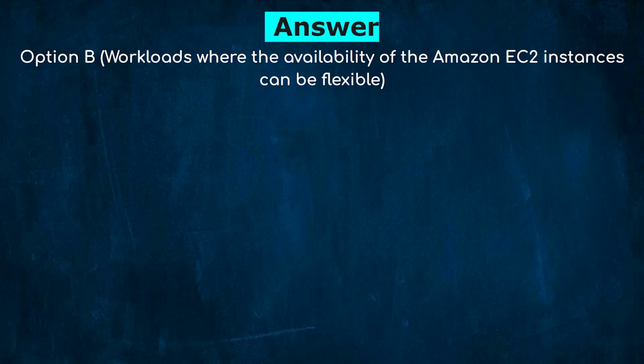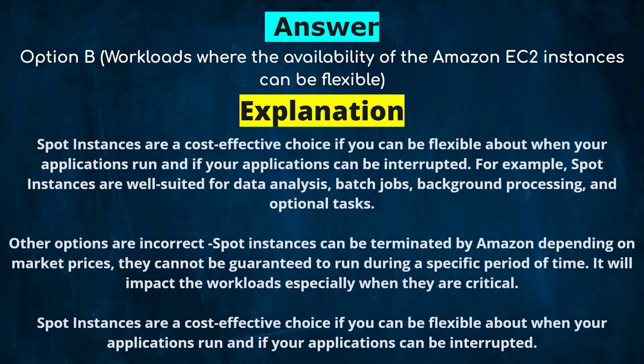Workloads where the availability of the Amazon EC2 instances can be flexible. Explanation. Spot instances are a cost-effective choice if you can be flexible about when your applications run and if your applications can be interrupted. For example, spot instances are well suited for data analysis, batch jobs, background processing, and optional tasks. Other options are incorrect.